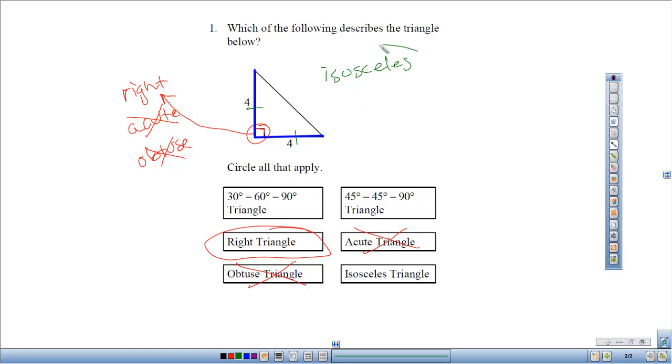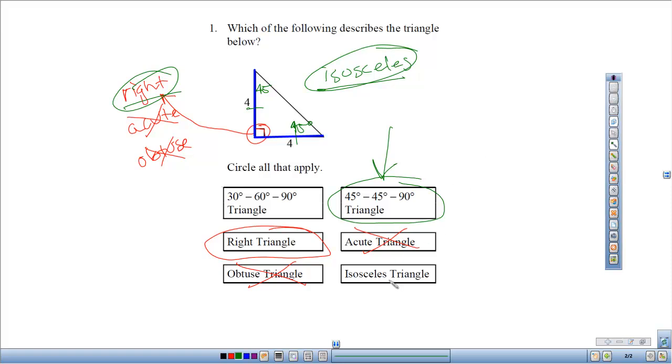In fact, this is an isosceles right triangle. And if you know what you're looking at, that's another name for the 45, 45, 90 triangle, the special right triangle that you learned about in this unit. So one of the choices here is that it's a 45, 45, 90. That's true. All isosceles right triangles are 45, 45, 90s.